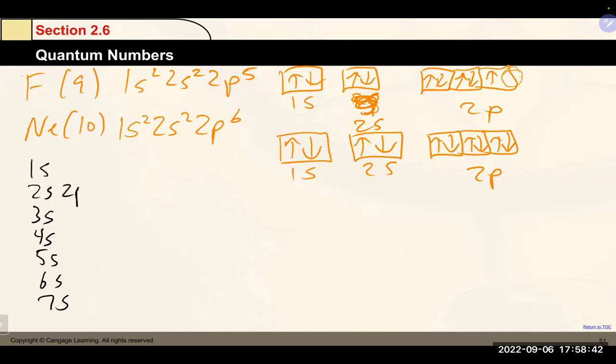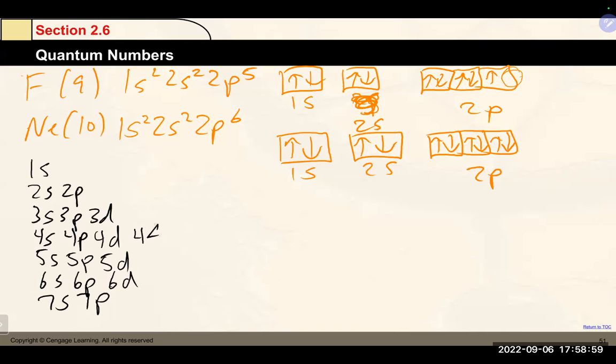Then you go to the p's, we start on the 2, go down to 7. And you start at the d's, which is 3, and go down to 6 as needed. And then our f starts on that 4th energy level. Once again, you always start at the top and keep zigzagging your way back.